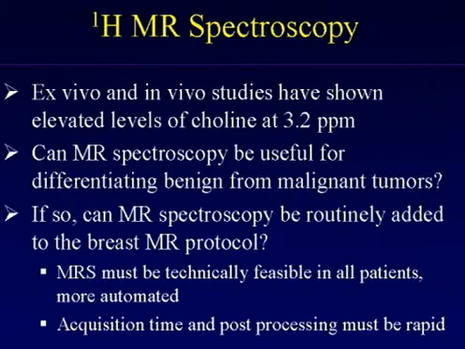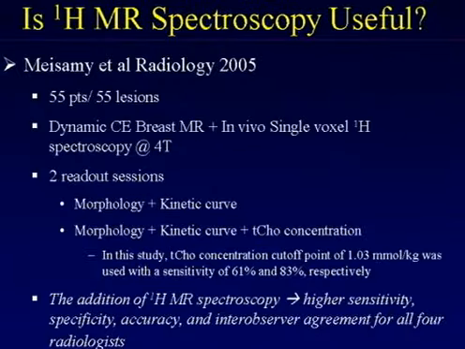We routinely add it to our protocol on the 3T, but really in order for it to be universally used, the spectroscopy must be more automated, and you need to have a rapid acquisition time and post-processing. So what does the preliminary data show? It's very promising. This comes out from Michael Garwood's group at the Mayo Clinic, and they imaged 55 patients at 4 Tesla, and afterwards they did a retrospective read.